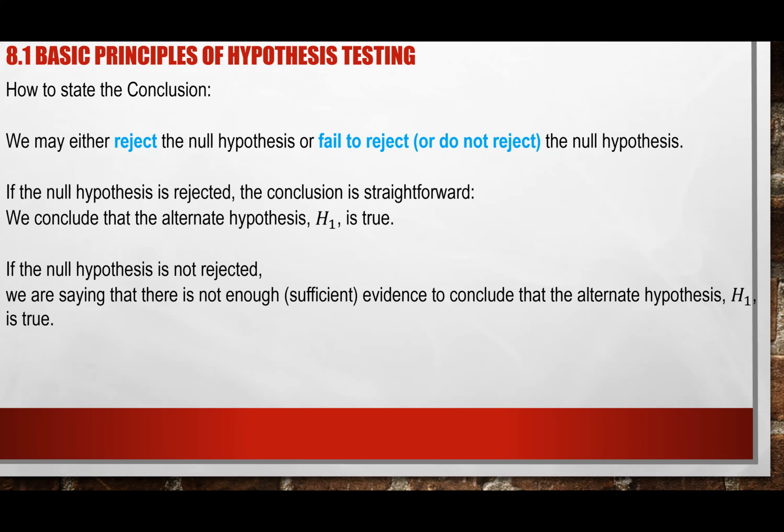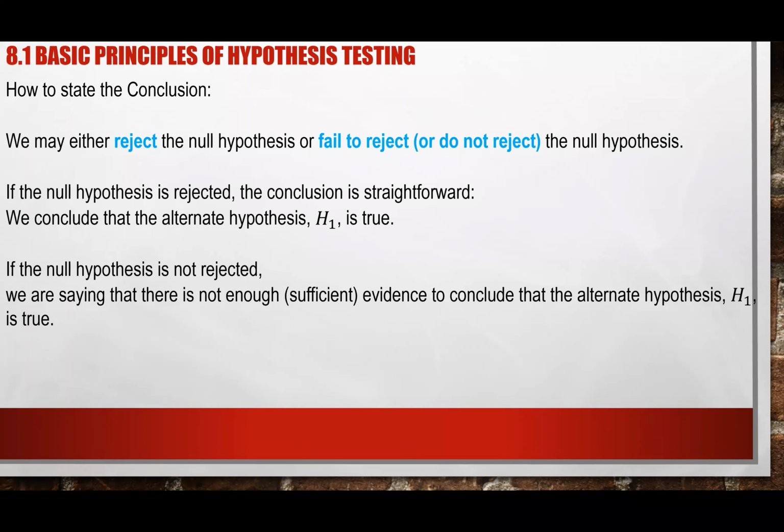And again, to go back to that criminal trial, right? When they give the verdict, they say you're guilty or not guilty, right? They never say you're innocent. We don't know if you're innocent or not. They say we found the defendant guilty or not guilty, because we don't know if you're innocent.